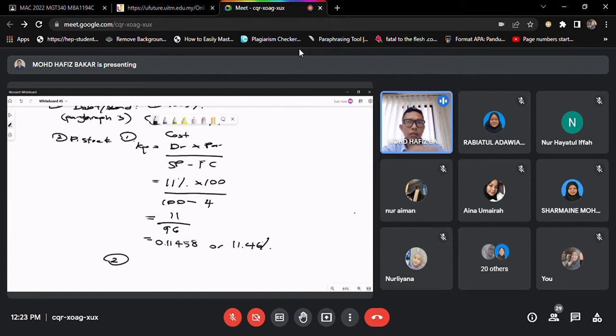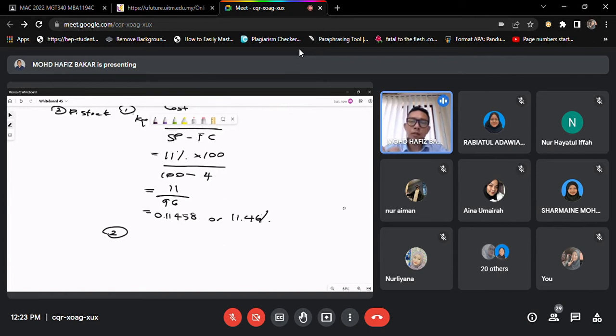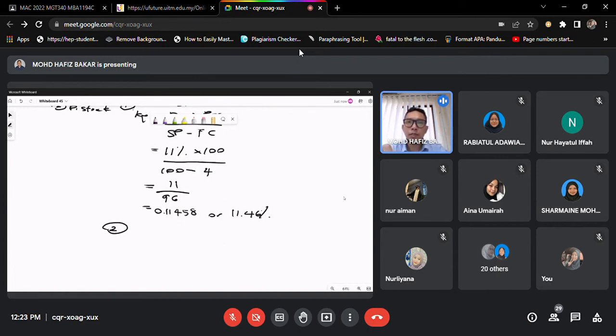And then the second cost: they tell us that if it goes beyond a certain financing limit, the flotation cost is RM8. So you need to calculate KP: 11% times 100, same, and 100 minus 8.